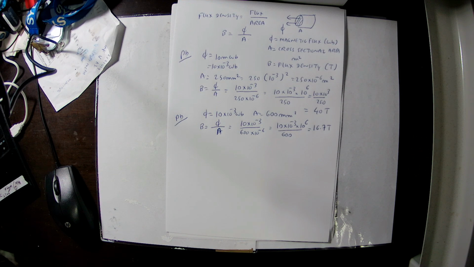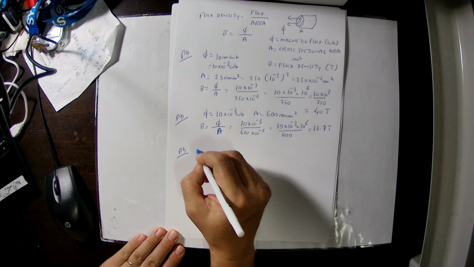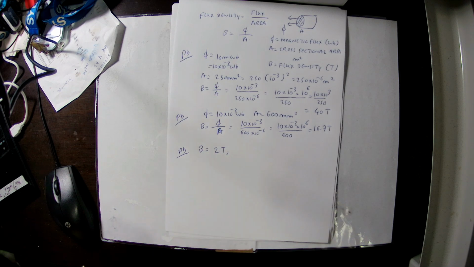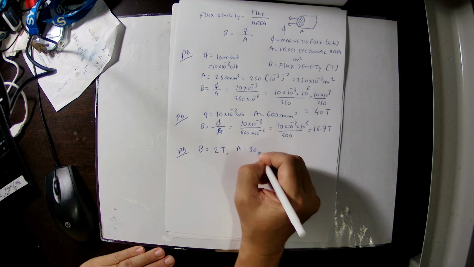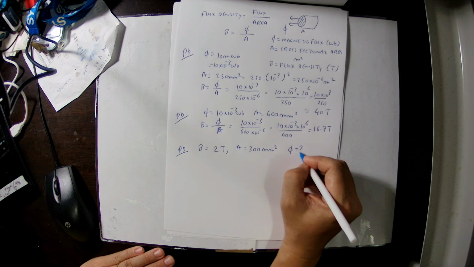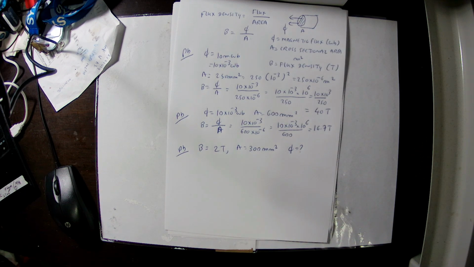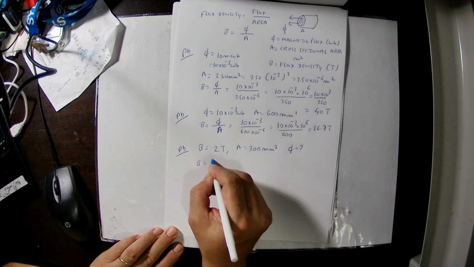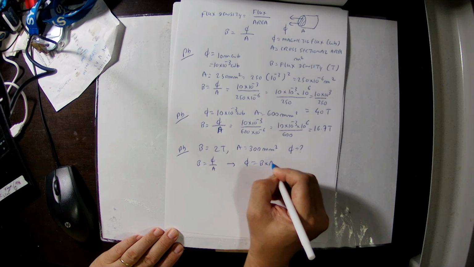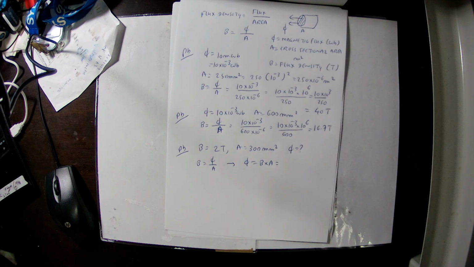And also we need to calculate the flux. Next problem. Flux density B is given as 2 Tesla. Area is 300 millimeter square. We need to calculate the flux. In this case, we write down the equation: B equals phi by A. Therefore, phi equals B multiplied by A. Flux density multiplied by area, we can calculate the flux.